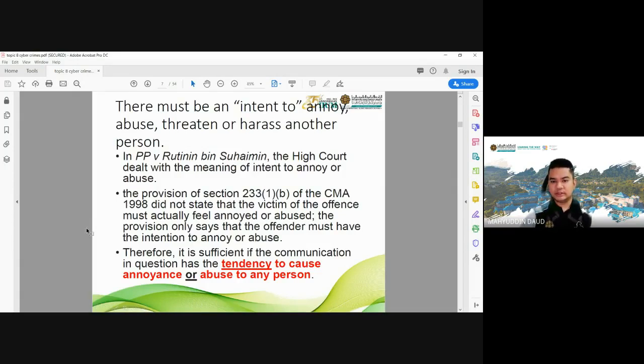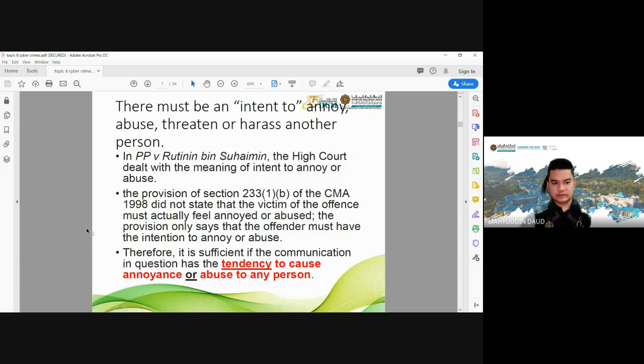So this comes into, there have been cases to interpret the meaning of intent to annoy. Must it be a real intent that you really want to annoy or abuse or threaten someone by publishing the prohibited content. So looking at provisions, looking at some cases like public prosecutor against routine.